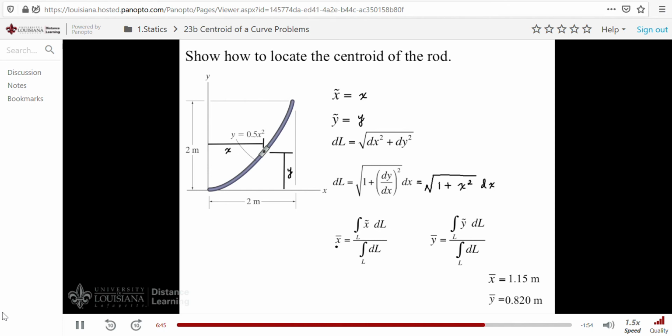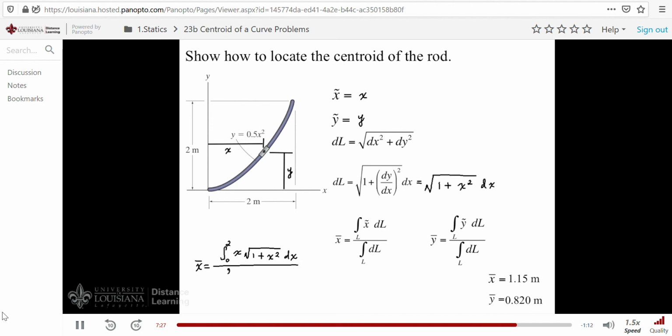Here's the two key equations we need to substitute our data into. Let me consider, for example, finding x bar, just to show you how it would work. x bar is equal to, in the numerator, we're going to integrate from 0 all the way to 2. We're integrating along the x-axis, recall. And that's x tilde, which is x, times the square root of 1 plus x squared dx.